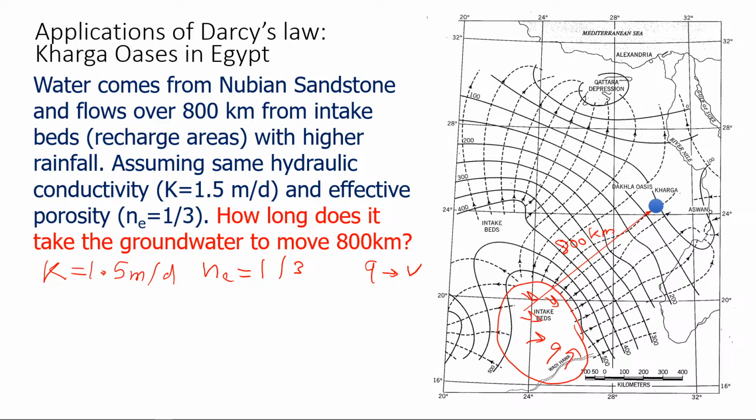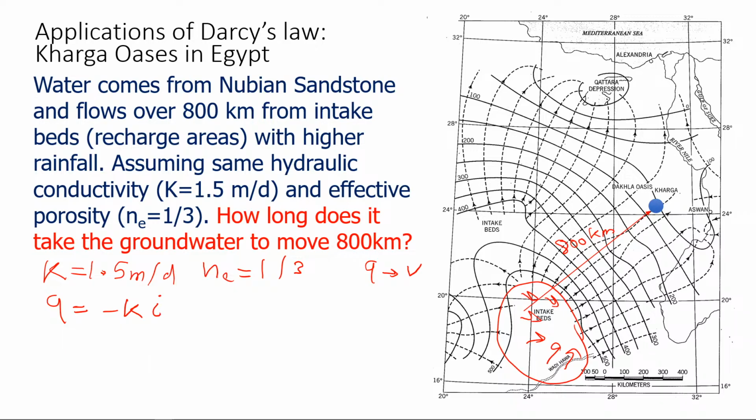All you need here is Darcy's law. So that's easy: q is equal to negative K I. Here, let me write delta H over delta X instead of I. What you need to know is the distance traveled.